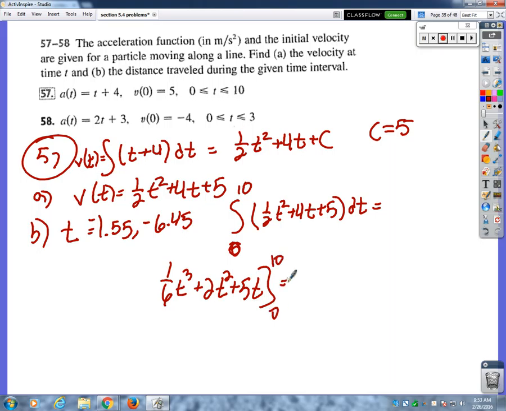If I plug in 10, I get 1,000 divided by 6 plus 200 plus 50 minus 0. What's 1,000 divided by 6, do you think? 66 and 2/3? Thank you. Pretty safe bet. So that's going to be 316 and 2/3.